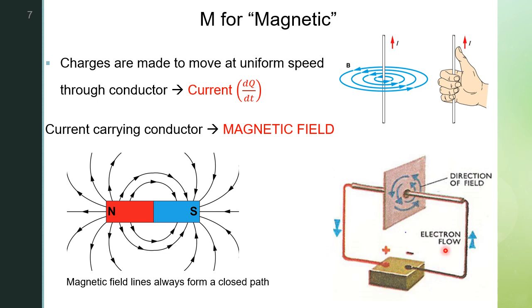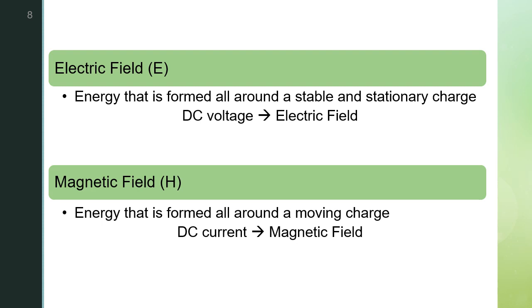So due to this movement of electrons, there will be a current through the conductor, which in turn produces a magnetic field around the conductor. So now we have seen how an electric field and a magnetic field are formed. The electric field is formed around a stable and stationary charge, and the magnetic field is formed around a moving charge. That is, due to current we can form a magnetic field.